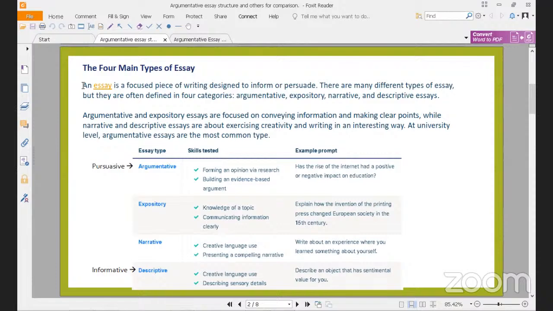And why do you think argumentative essays are the most common in universities? Anybody? Why are argumentative essays most common in universities? Anybody knows?